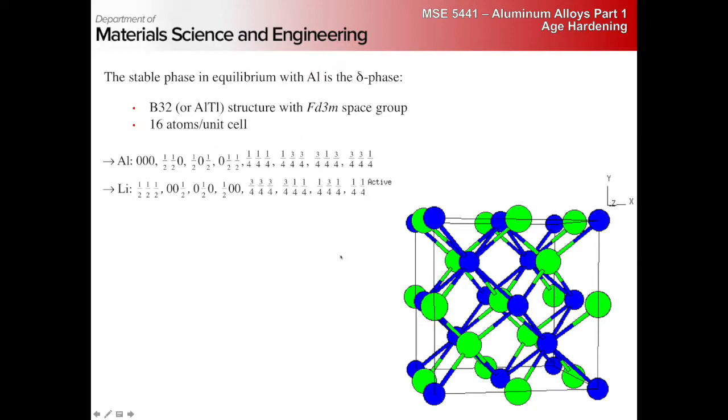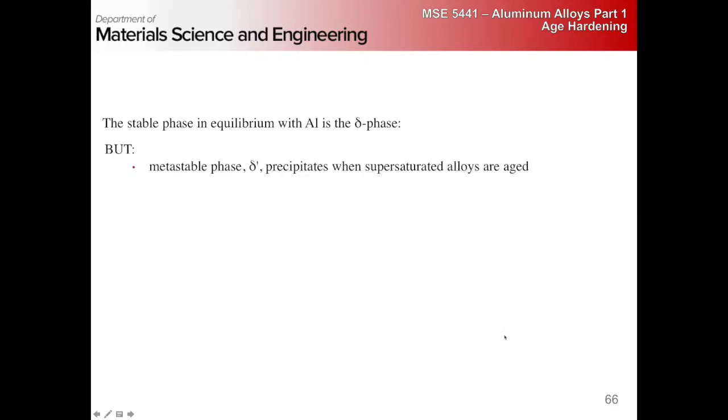And it's this complicated beast here, 16 atoms per unit cell, so it's quite a bit different than FCC or HCP, right? So these differences are going to suggest that we need a heterogeneous nucleation mechanism. There's no easy way to nucleate this homogeneously, right?